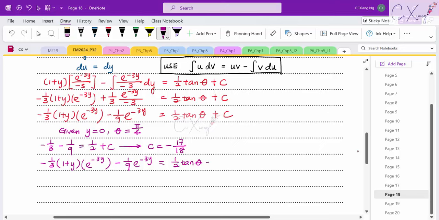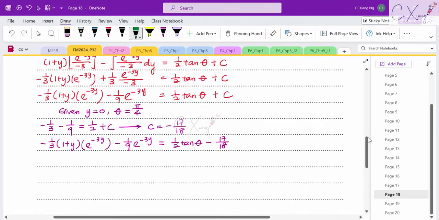So the value of c should be negative 17 over 18. Okay, but this is not the end of the question yet, because for this question, they basically ask us to find out the value of the tangent theta when y equals to 1. So let us continue further to solve this question.